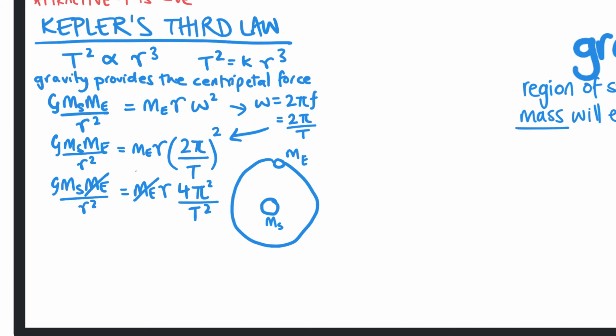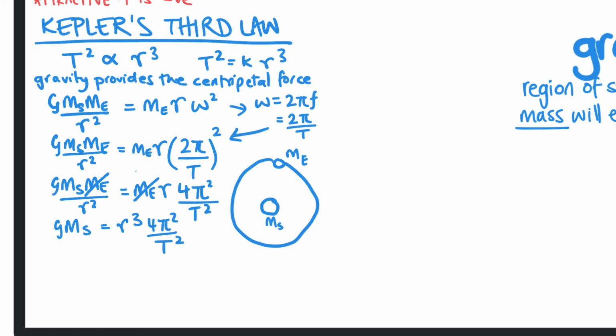Now remember that the point of this exercise is we're trying to show that T squared is equal to some constant multiplied by r cubed. So that means we're going to need to gather together all the r terms. So we're going to rearrange to bring r squared over from the left hand side to the right hand side.